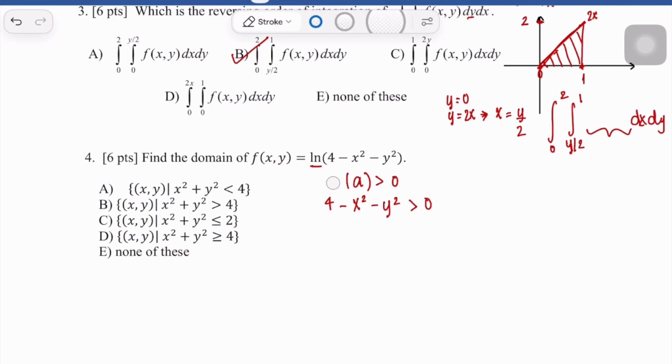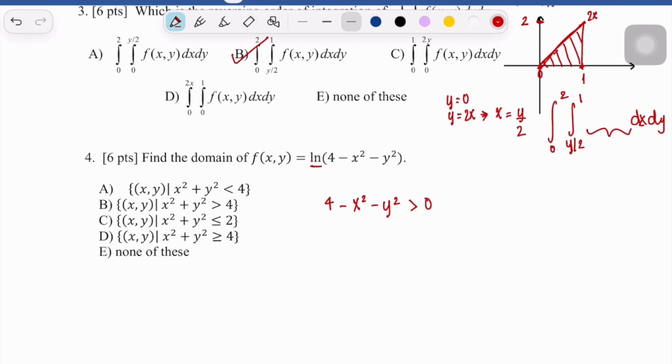So this cannot be negative because the log of a negative term is not defined. This is always greater than 0. Okay. Now we subtract 4 on both sides of our inequality, which gives us this.